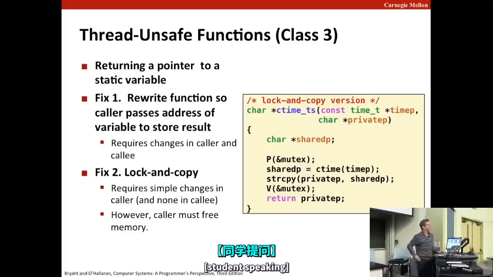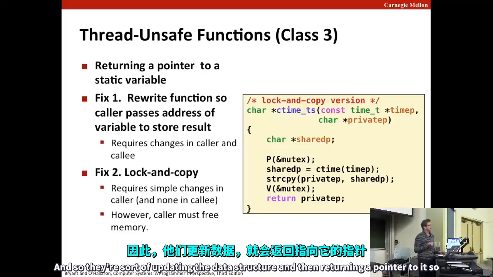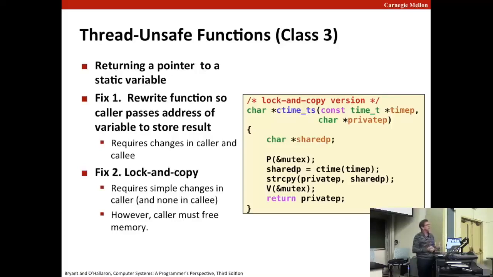Confused by why it has to be a pointer, or why it's not just any type of variable that would cause this kind of condition, or why it's just a pointer that would cause it, right? Well, typically these functions are returning pointers to some data structure, and so they're updating the data structure and then returning a pointer to it. So it wouldn't make sense.